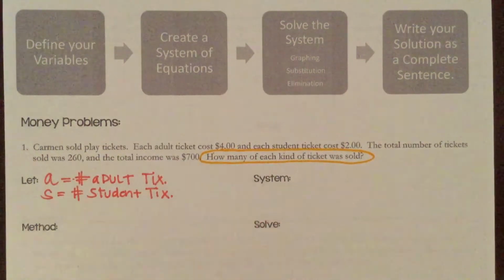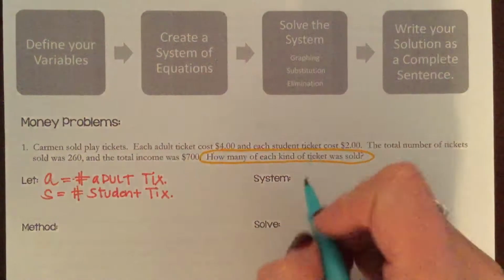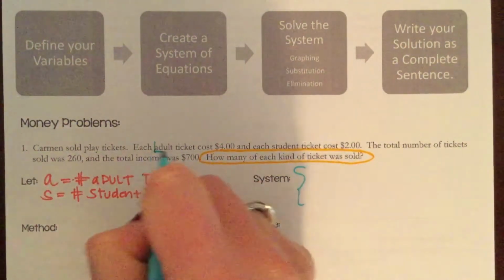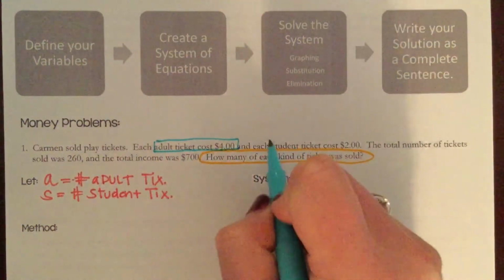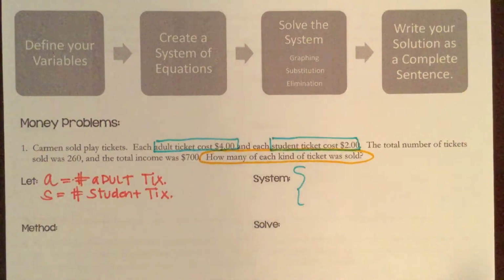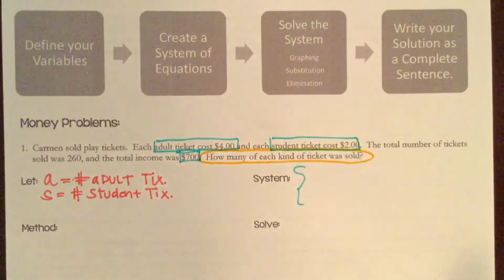The next thing we want to do is to write a system of equations. Remember, a system needs to be, in this case, 2 equations to help us solve for the 2 variables we don't know. One of the things that is listed in the problem is how much an adult ticket cost and how much a student ticket cost. Those are both dollar amounts or money. We also know that Carmen took in $700.